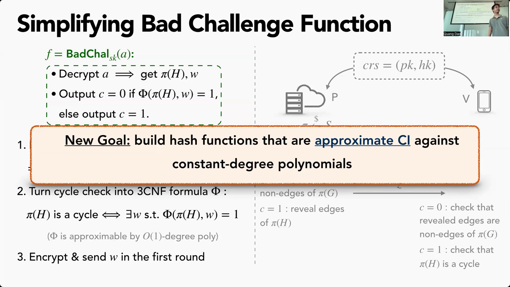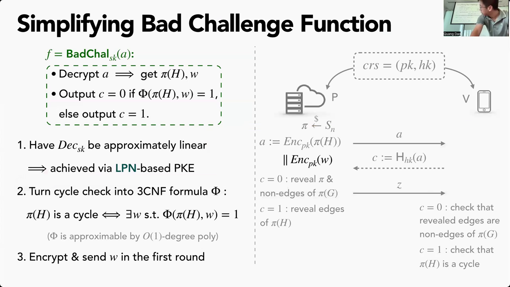So when you say approximable by a free CNF formula, what does it really mean? Do you have an approximation error? Yep. So how do you approximate a free CNF formula? Any guesses?